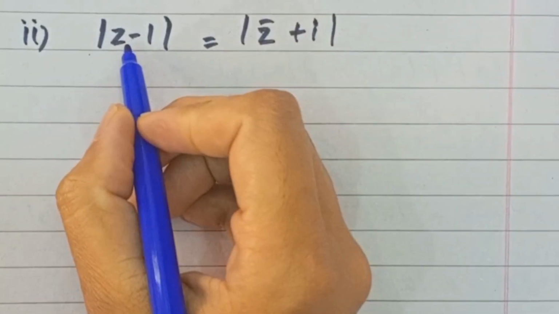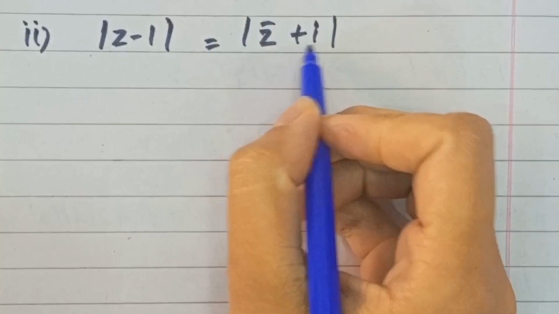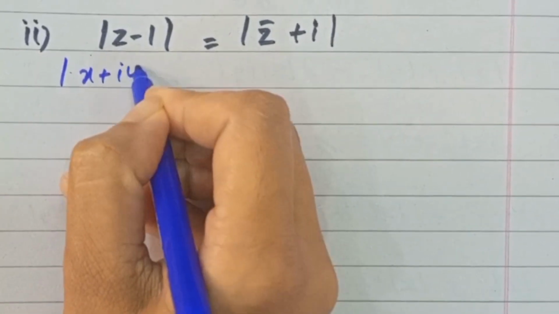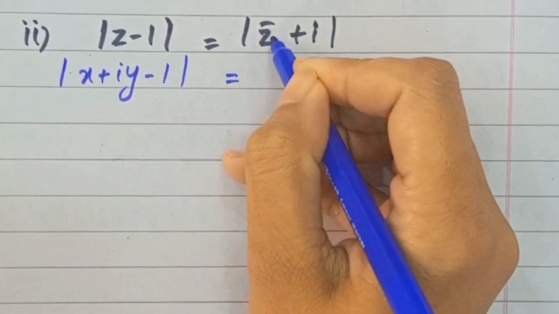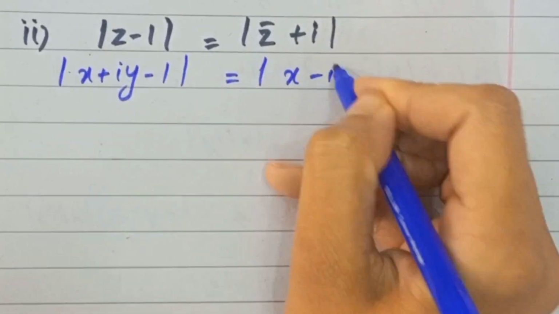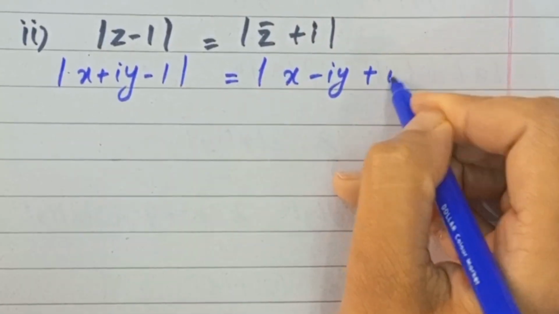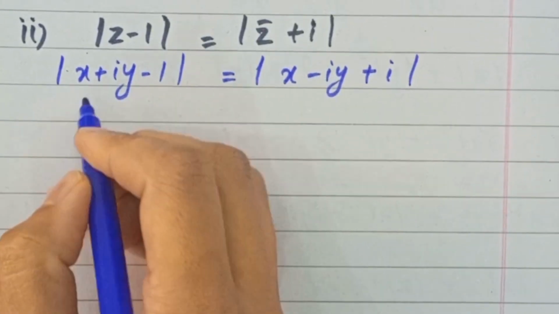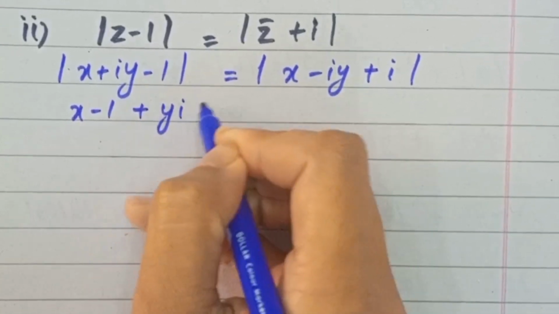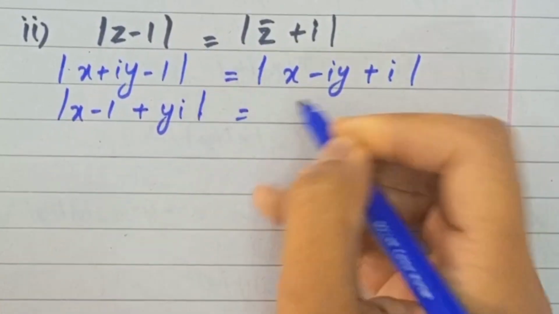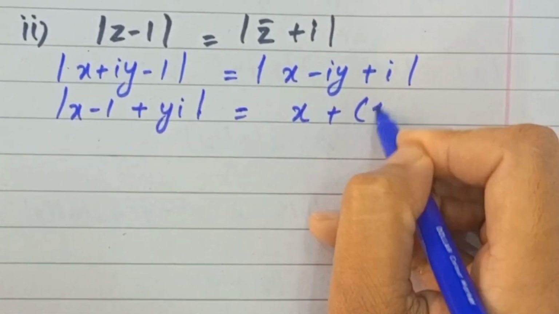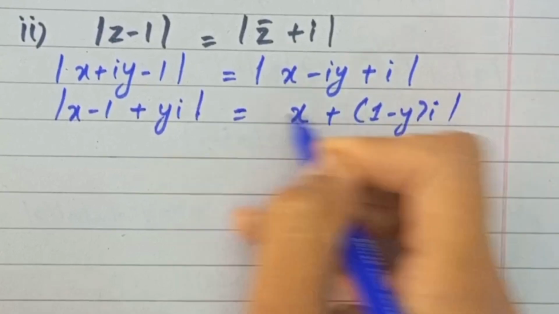Part number 2 is |z − 1| = |z̄ + ι|. Instead of z put x + ιy − 1, and for z̄, the z conjugate, put x − ιy + ι. Here x − 1 is the real part and y is the imaginary part. In this case we have x as the real part and 1 − y as the imaginary part.